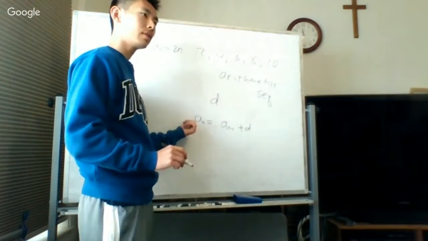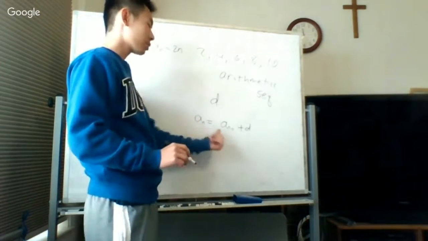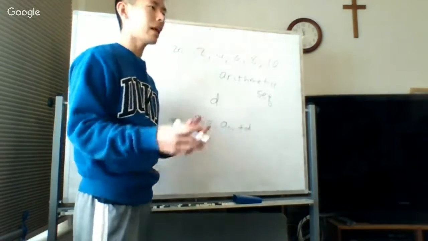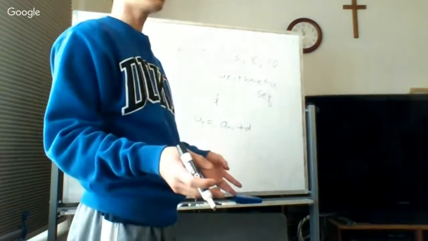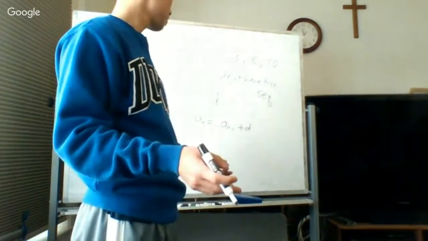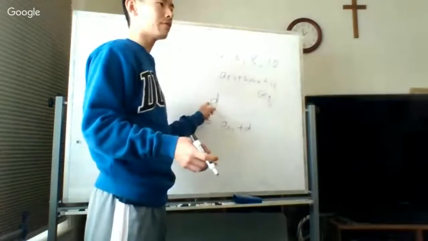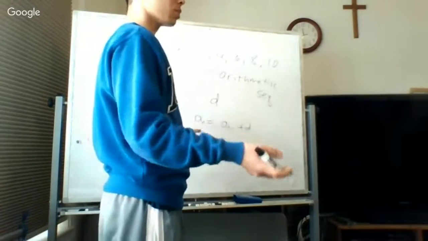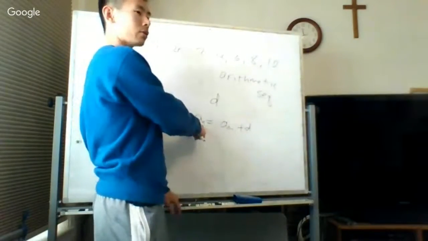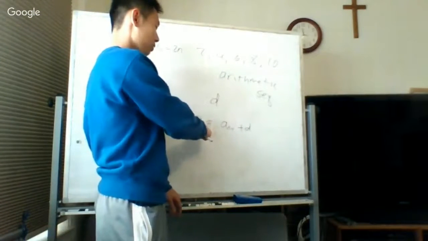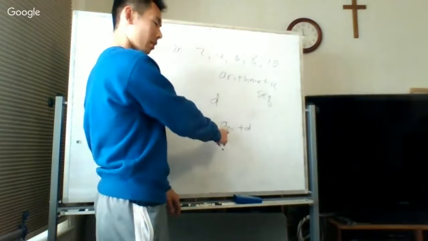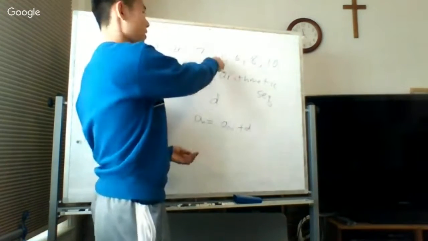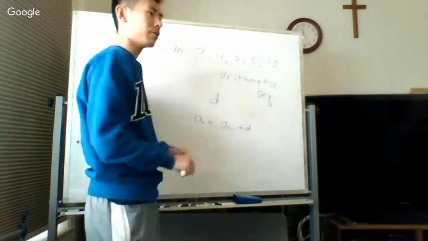The nth term is just the previous term, the n minus 1 term, and then you just add that common difference. D and n aren't interchangeable. D is always the common difference. n is which term you are on, the first term, the second term, and so on. So, for example, if n equals 2, the second term is equal to the n minus 1, that's the first term, 2 minus 1, plus D. Pretty easy. Second term equals the first term plus the common difference.